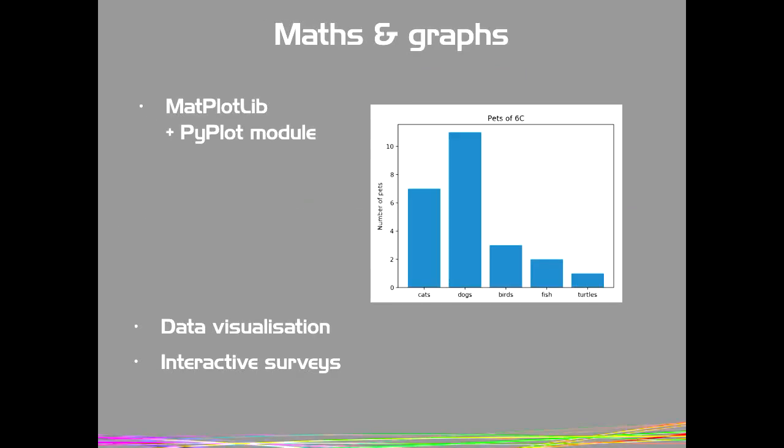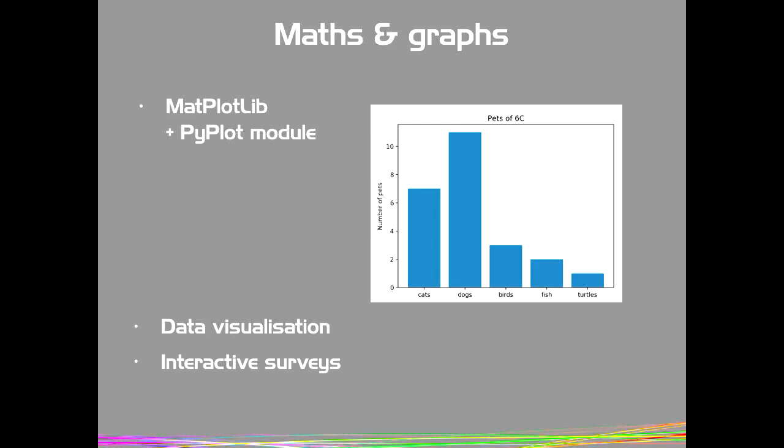But we haven't yet done with maths because data. Almost every other subject that we teach creates or uses data. And data is more interesting, in my opinion, if we can look at it. So if there is one thing that I recommend you installing on top of Python, it's the matplotlib package, which includes pyplot.